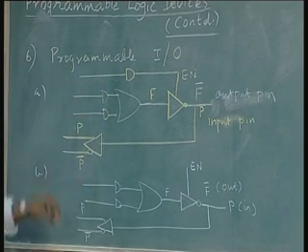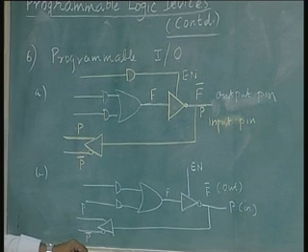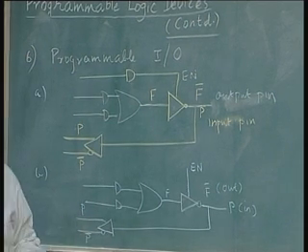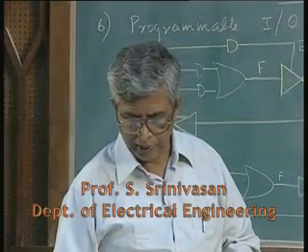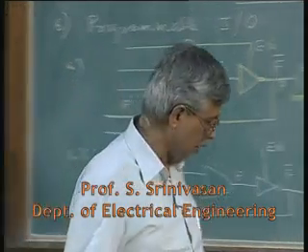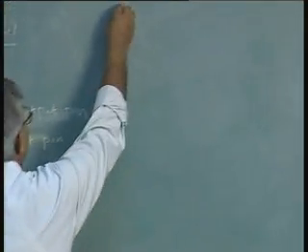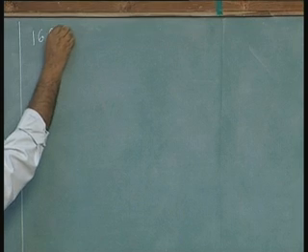Now, having said all that, we look at 2 commercially popular devices just to show you how these things are done in practice. So, we will take a very simple device called 16R4, which is a very popular device. I am not giving any manufacturer's name, because several manufacturers make similar devices.